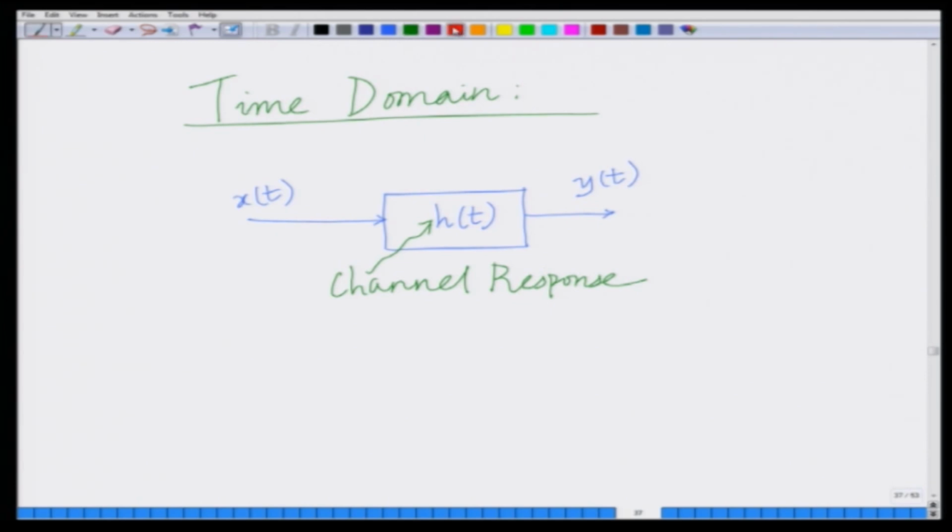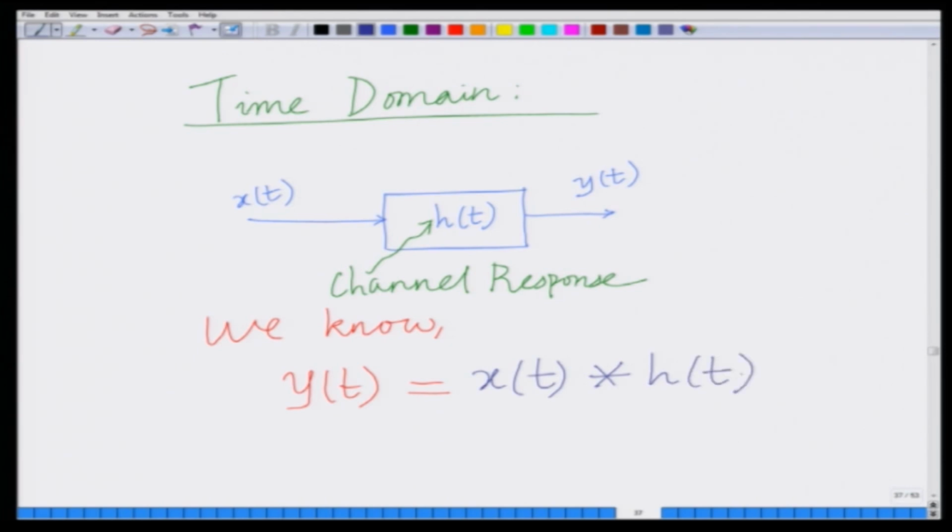Now from the theory of LTI systems, we know that the output y(t) equals x(t) convolved with the response h(t), where the star operator, an important operator in LTI systems, is termed as the convolution.